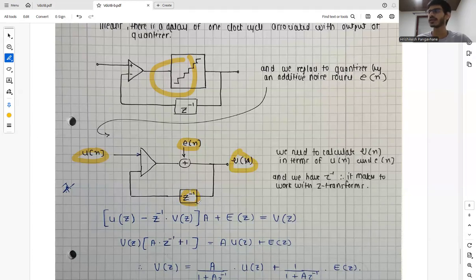So we need to calculate V of n in terms of two input sources, U of n and E of n, and we have Z inverse. It makes sense to work with Z transforms over here.